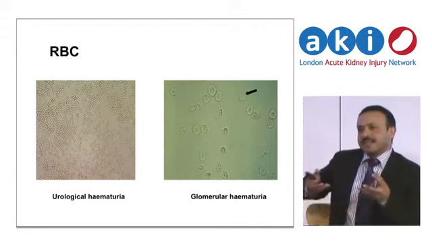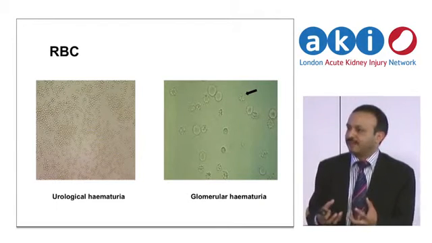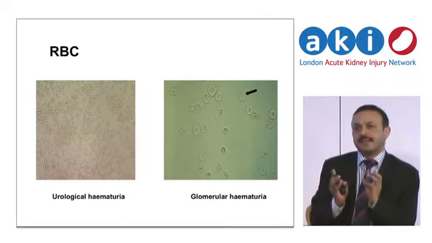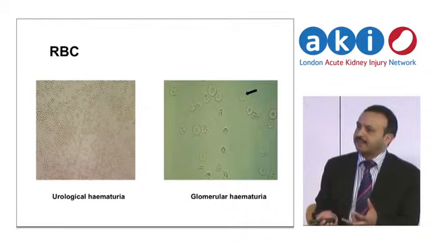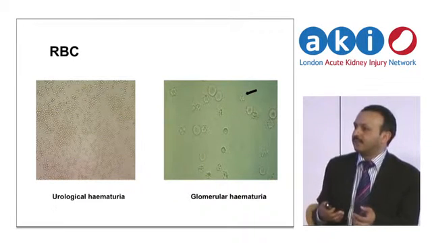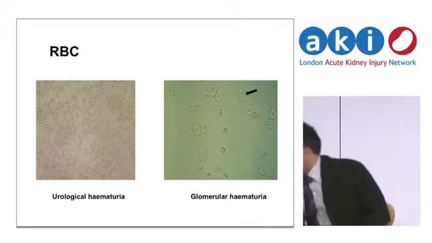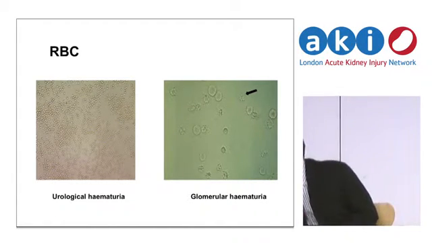Only way to differentiate is as the red cells go through the glomerular capillary membrane, they get deformed. Because they have to pass through those very narrow slits, they get deformed. While the red cells which are coming from the urinary tract, without going through that glomerular basement membrane, they maintain their intact structure.